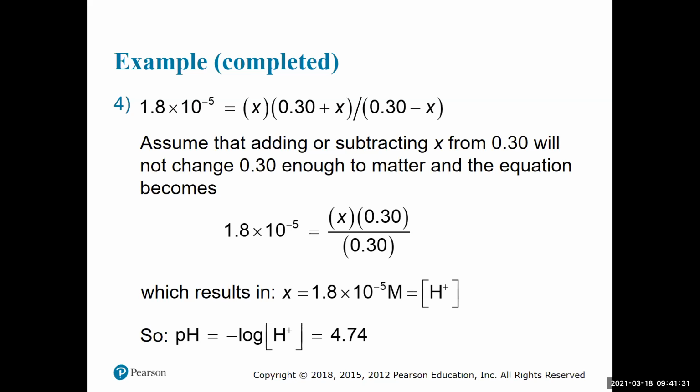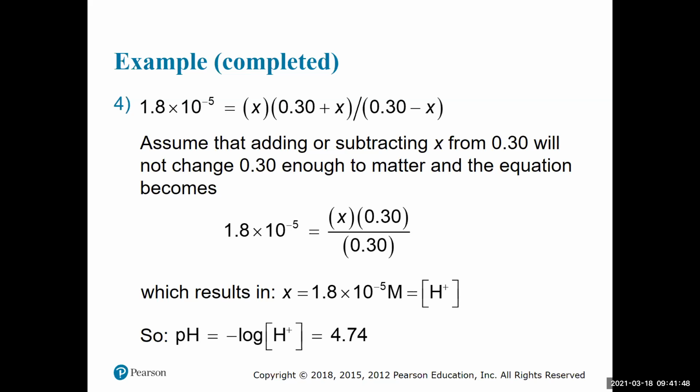So that allows us to make this a lot easier because we're going to ignore the plus X and we're going to ignore the minus X. And so we just finally have X times 0.3 divided by 0.3.